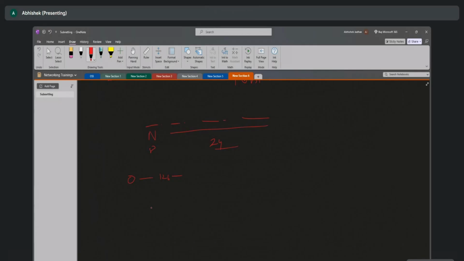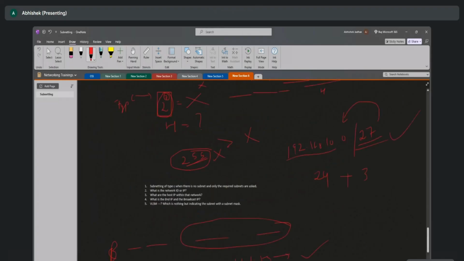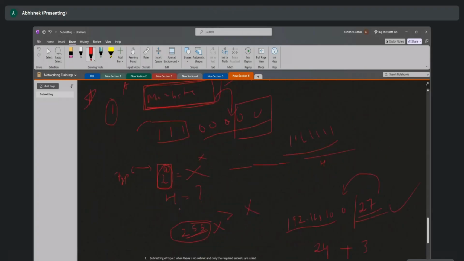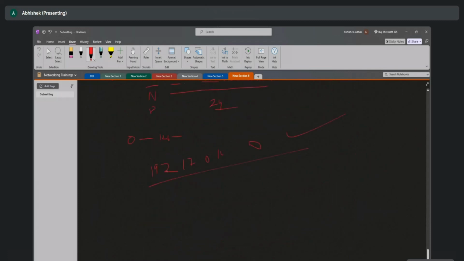If I give you an IP, let's say 192.170.10.0, which class does this particular IP come under? Class C. Right. So you are going to do the subnetting in a similar fashion, no change. Everything is the same. Okay, got it, sir.